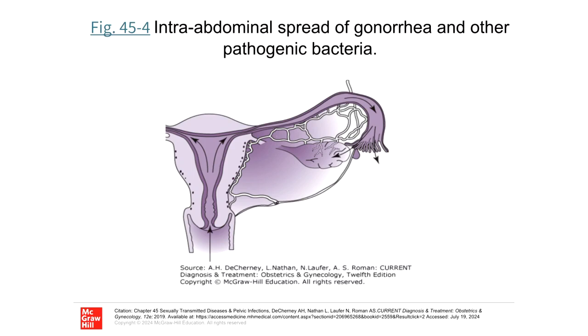So, gonorrhea is going to spread following the tract of the genitals: vagina, uterus, fallopian tube, and then it can spread into the abdominal cavity and from there to the rest of the body.